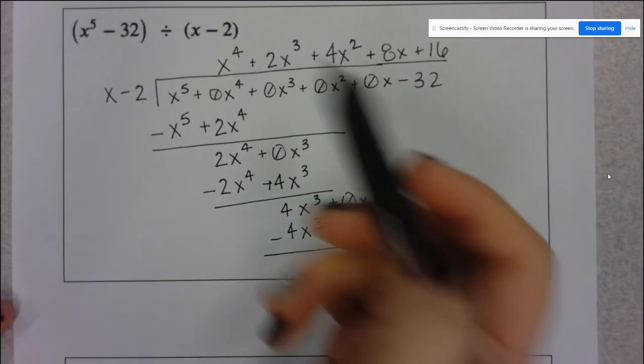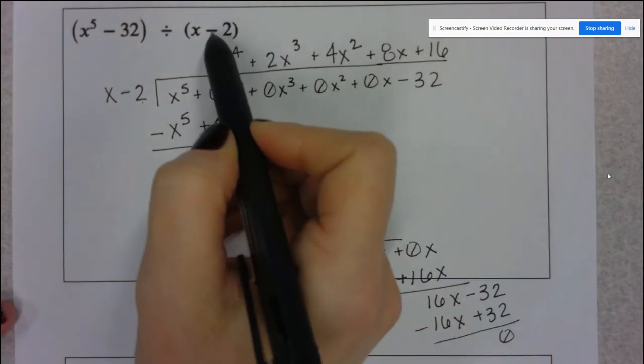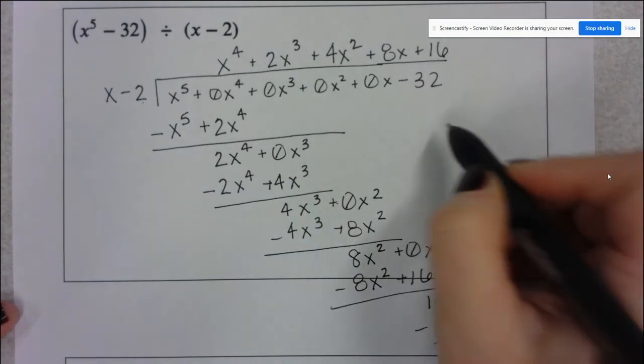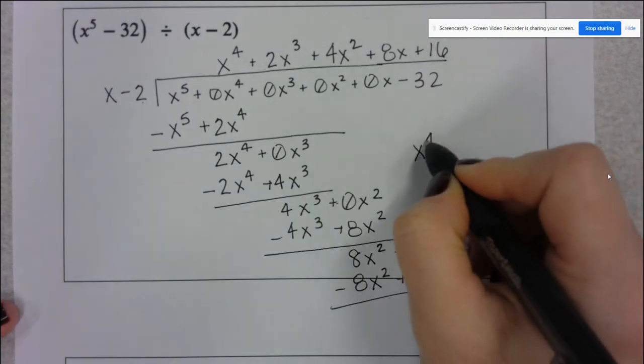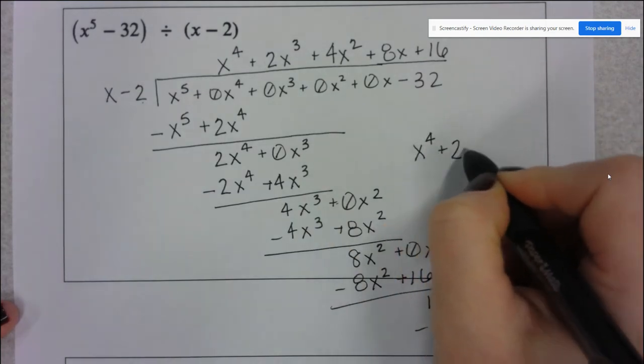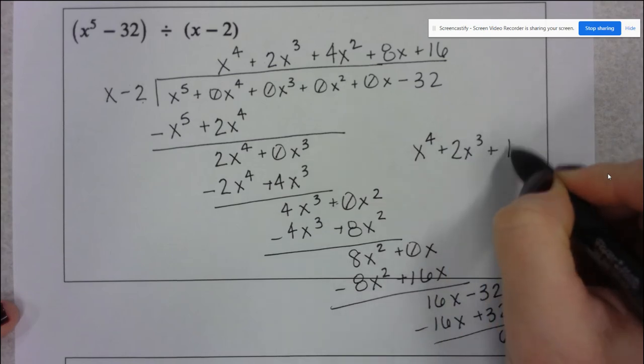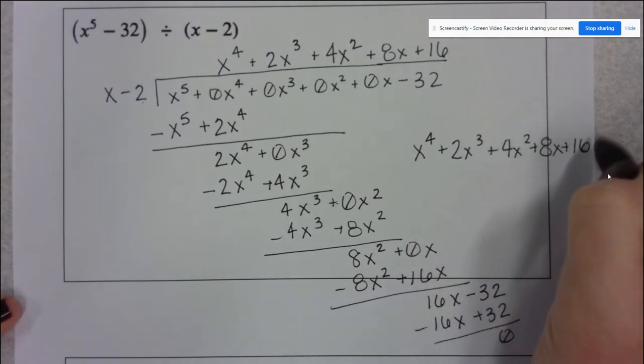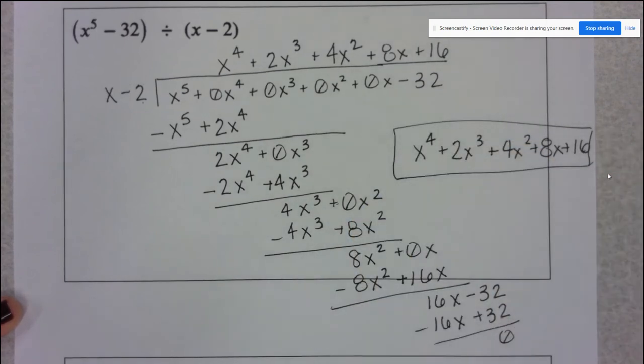So x minus 2 is a factor of x to the 5th minus 32, and it gives me x to the 4th plus 2x cubed plus 4x squared plus 8x plus 16, and that would be my final answer.